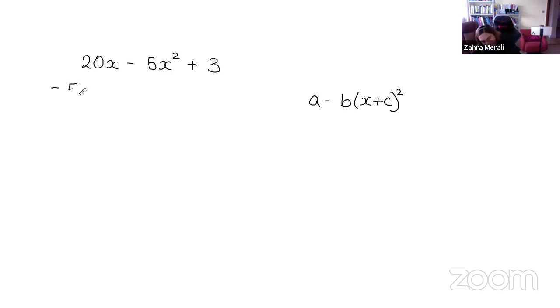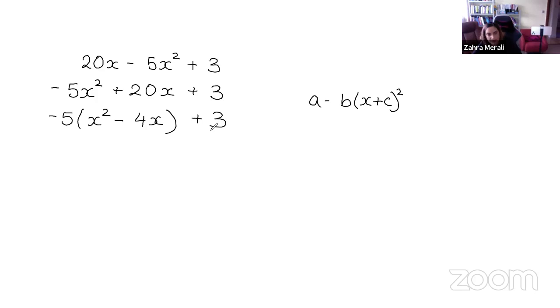So I'm going to rearrange that, put the x squared first, then the x, then the 3. And I'm going to take the negative outside of the bracket, so I'm going to have minus 5 outside. So I end up with x squared minus 4x plus 3, because when you open that out, your minus and a minus become a plus.